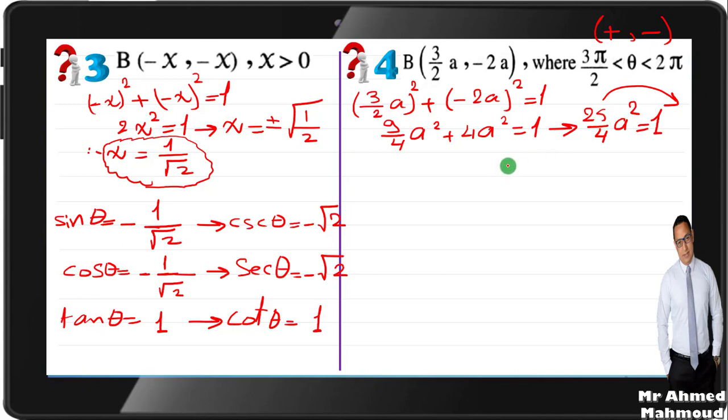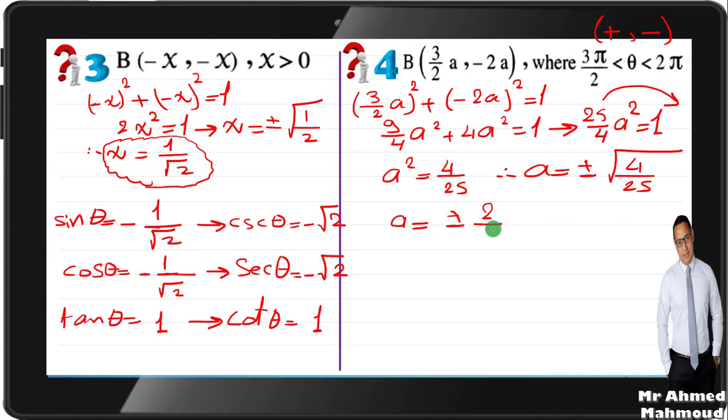Sending 25 over 4 to the other side as a divide, a squared equals 1 divided by 25 over 4, which equals 4 over 25. Therefore a equals negative or positive square root of 4 over 25, so a equals negative or positive 2 over 5. As I said, a must be positive. Therefore a equals 2 over 5 and the negative is refused.